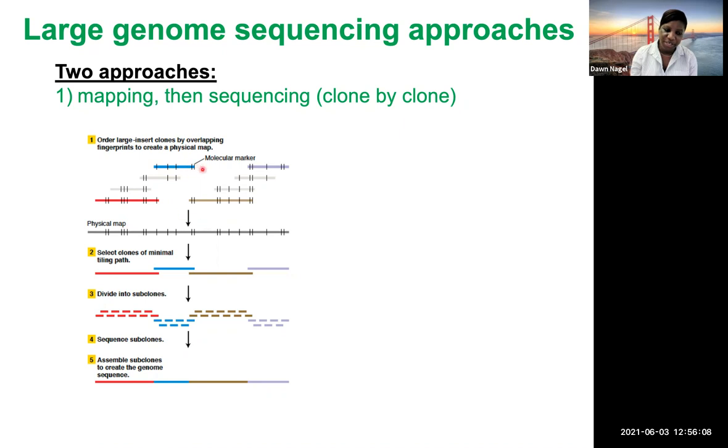So here you're taking these large clones that you just chopped up, that you digested the genome, you're making your clones, you put them on this physical map so you know where they belong already, yeah? And these little dashed lines that you're seeing, which are molecular markers, could be anything. It could be genes that you single-handedly discovered from characterizing a particular gene. So you know that this gene is located at this position on this piece of DNA.